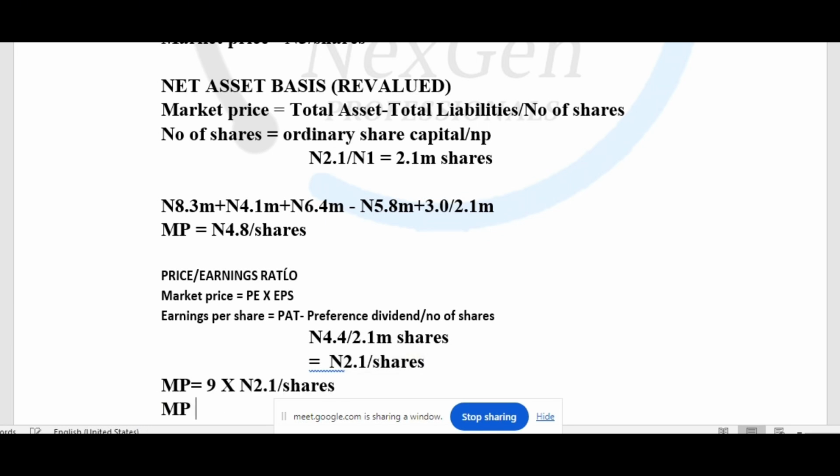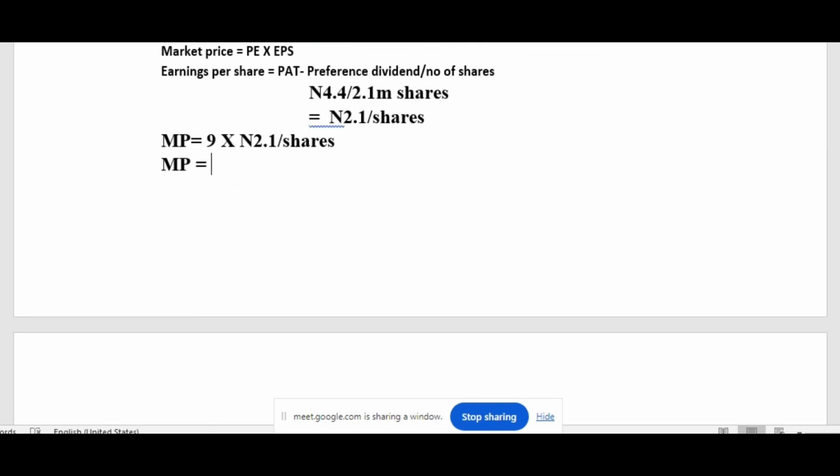Please don't write MP in the exam; write market price. What do we have? 18.9 naira, 18 naira 9 kobo per share.